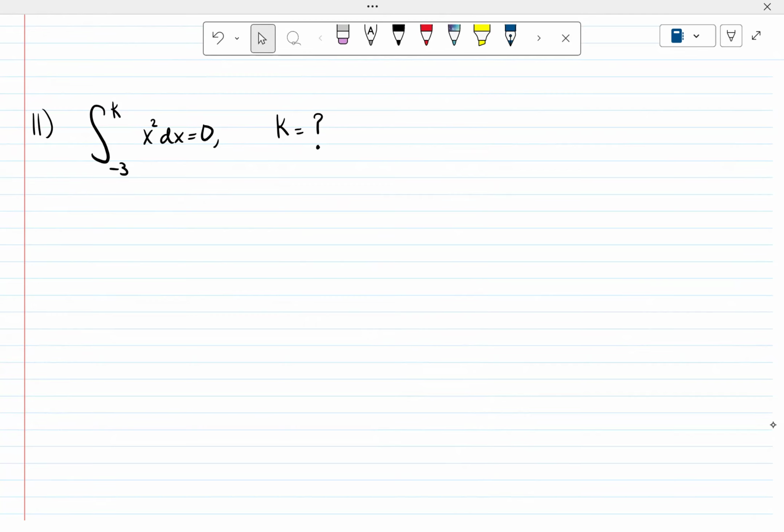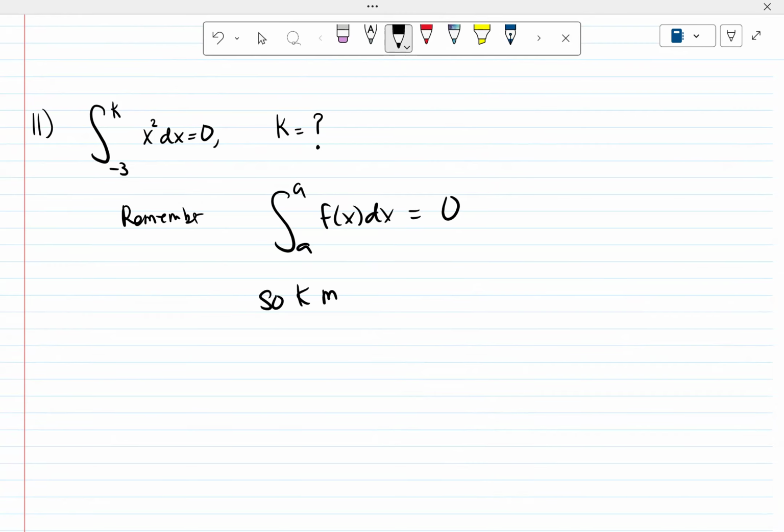So this is slightly different. If you recall, the integral from a to a of f of x dx is going to give you 0. So I think our k is equal to -3.